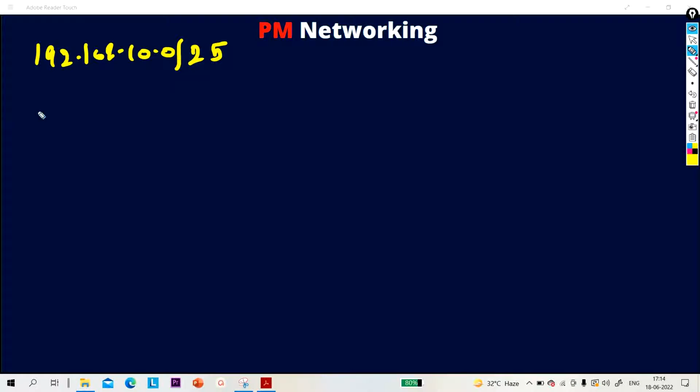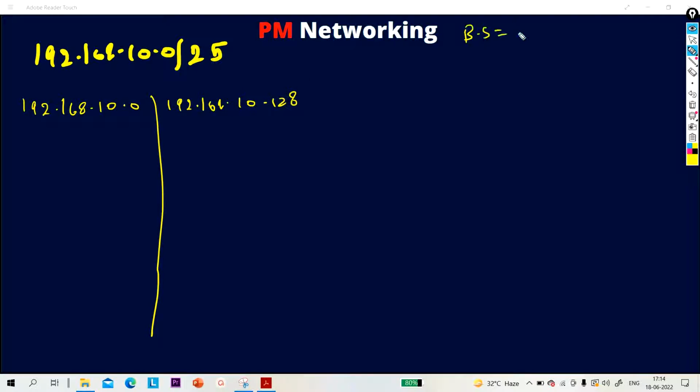My first network is 192.168.10.0, and my second network is 192.168.10.128. This is subnetting, right? Block size. How will you find the block size?